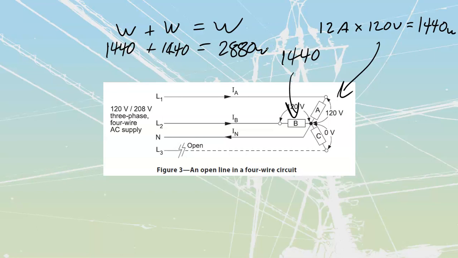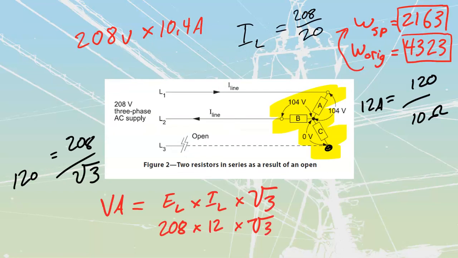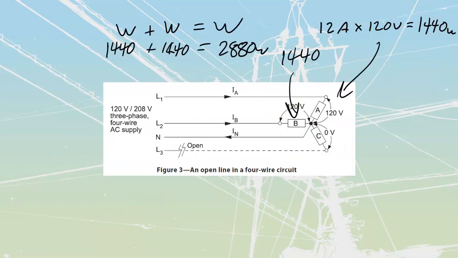Do you remember the previous calculation, how much this thing was designed to run? It was designed to run 4,323, but right now we are running 2880.